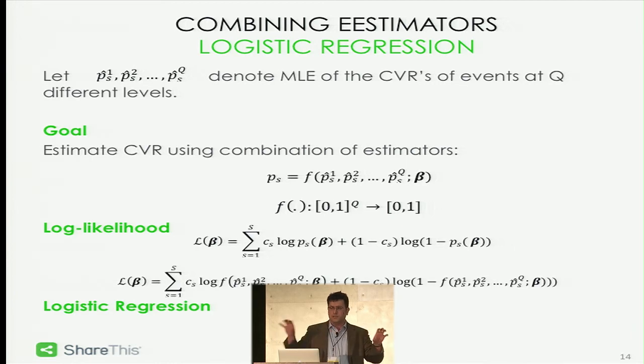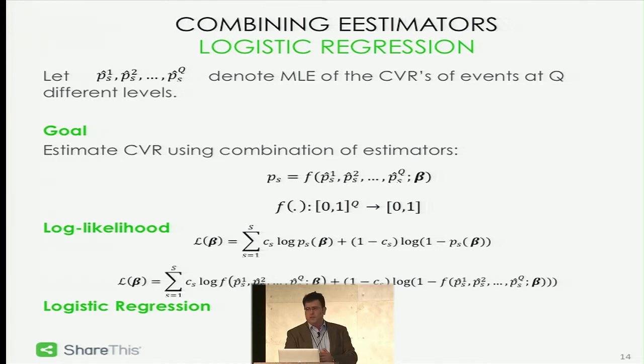And from each weak estimator, we want to ensemble and build a stronger estimator. So we need to find the function that maps the input to the probability domain. And if you use logistic regression here, this is like maximizing the log likelihood. So it's a matter of finding the logistic regression parameters.